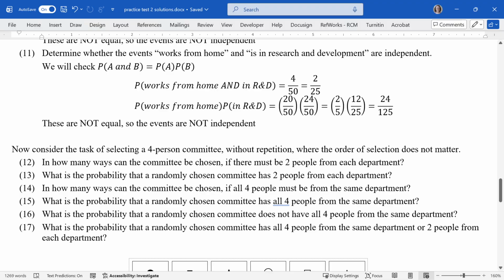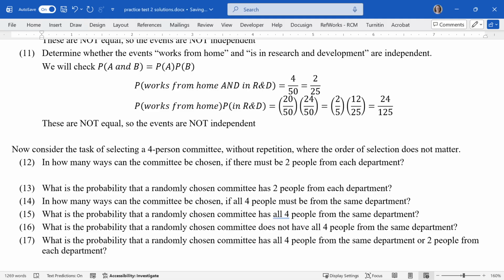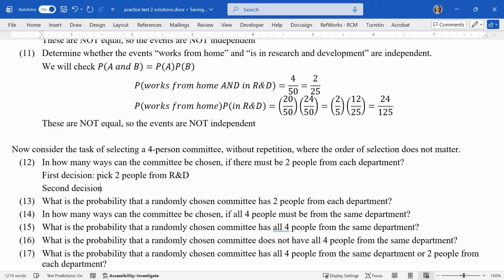So what you're going to do here is break this into a series of 2 decisions. First decision, pick 2 people from R&D. Second decision, pick 2 people from marketing and sales. So how many ways are there to do each of these 2 things?